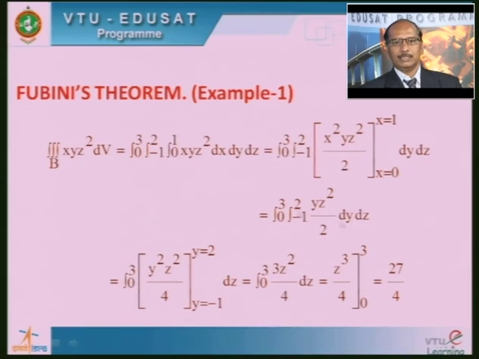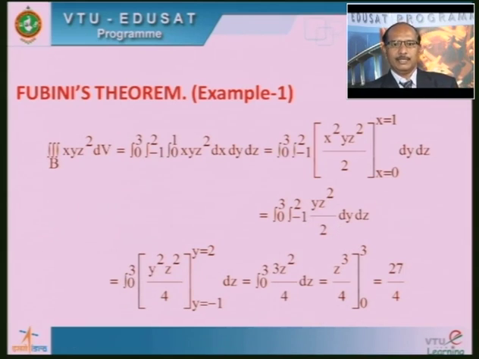After the integration with respect to x, it becomes purely a function of y and z. It should not contain any x, because we did the integration with respect to x. So, it is a function of the other two variables, y and z. After ensuring that, go further to the next integration with respect to y.